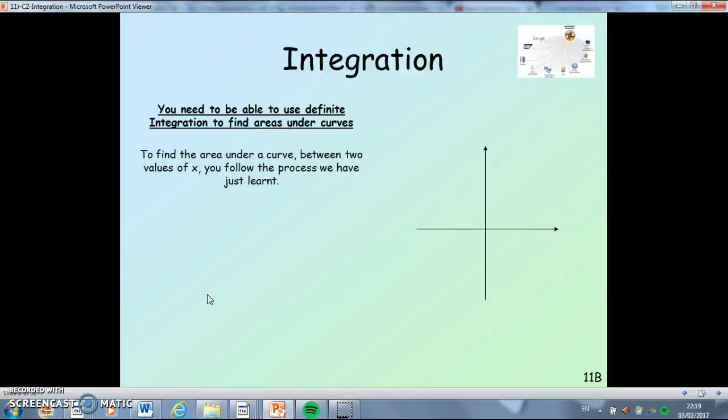Now we're going to use it to find the area under a curve, or I'd like to say between a curve and the x-axis. Remember that we used b, the right hand side, as the top of the integrated value.